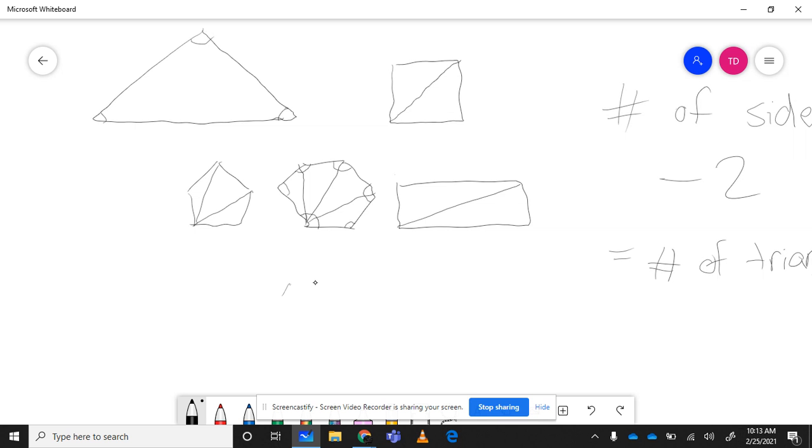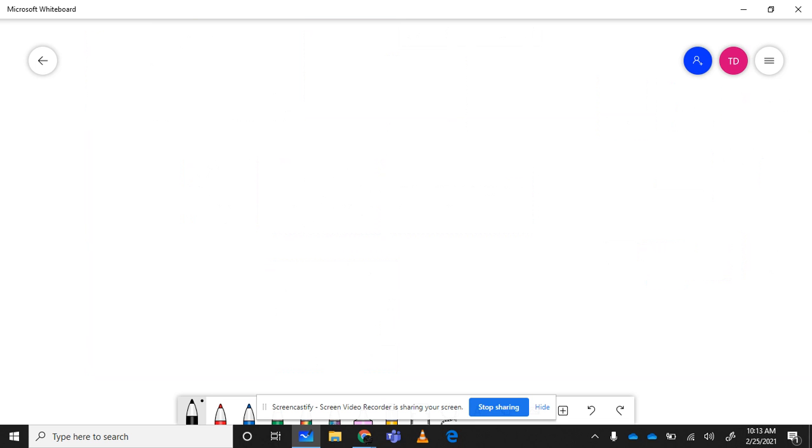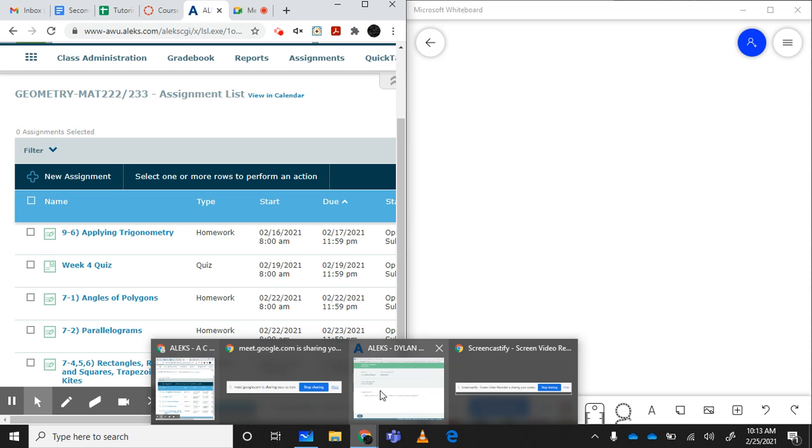If you had a 100-sided shape where they were all very, very small little sides, then you'd expect to be able to make 98 triangles in there. So it's always how many sides you have minus 2. And once you have that, then you know what all those interior angle measurements are. So we're going to use that strategy to work through this set of problems.